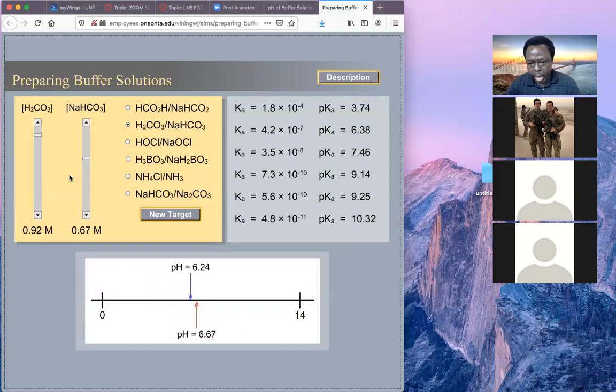Does that make sense, Adam? Without trying to adjust the red one first and then going again and adjusting here, I'll just pick the conjugate acid-base pair closer to my desired pH and then just vary the concentration here. You can't miss the concentration of your weak acid and weak base to give you that.